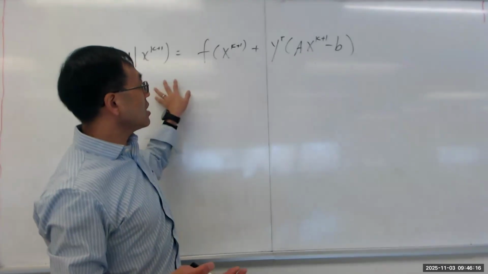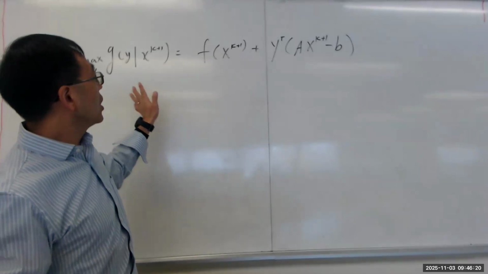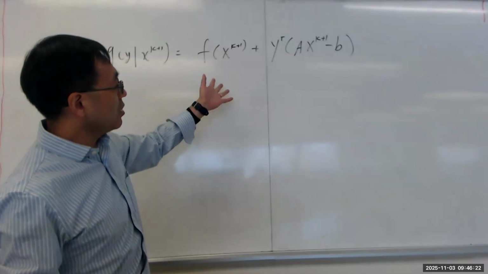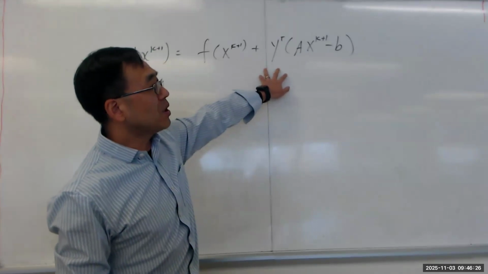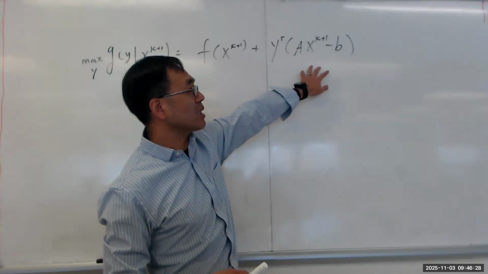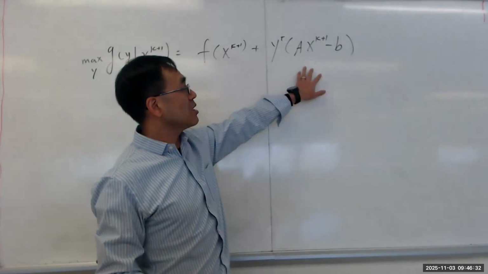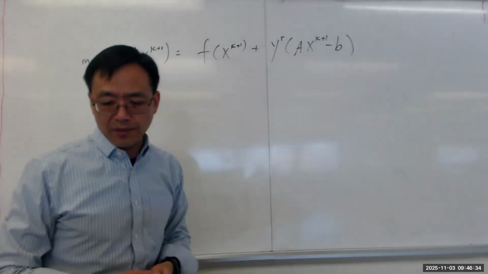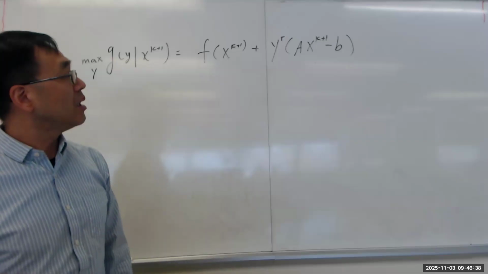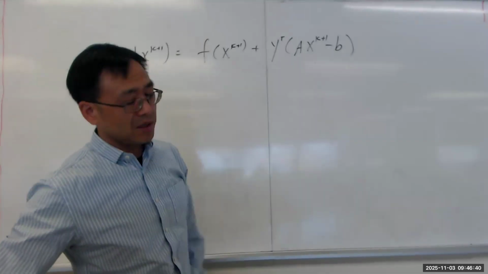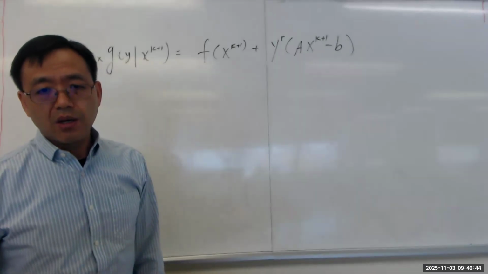So if you just maximize this function, you cannot get a specific y. This is because the constraint Ax minus b equals 0 hasn't kicked in yet.